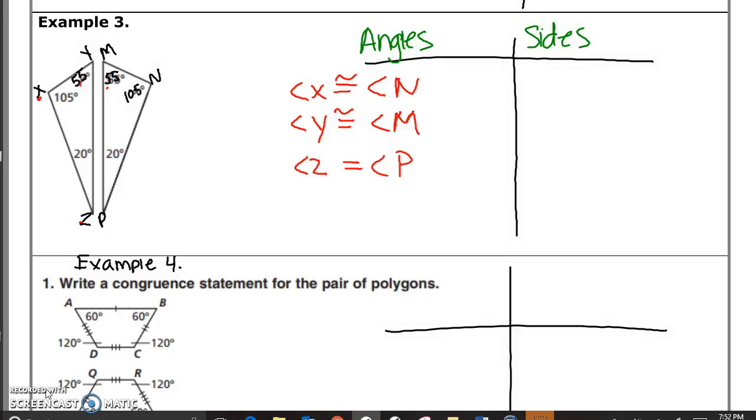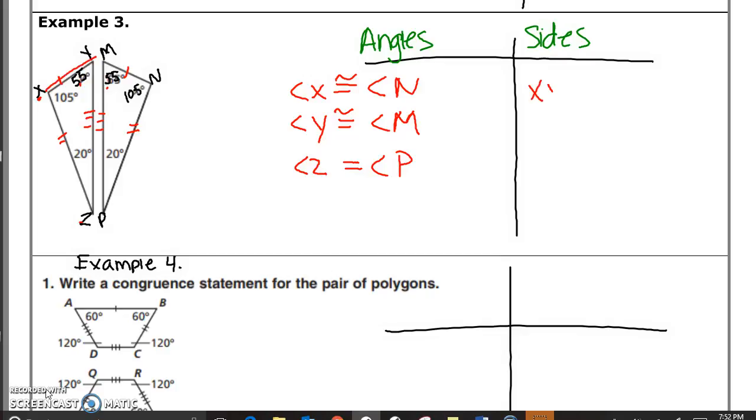And then for the difficult part, which I think you guys have on your paper because I wrote them, this is congruent to this, 2 dashes here, 2 dashes here, and then here. So making sure order matters, I'm going to start with the short side here.